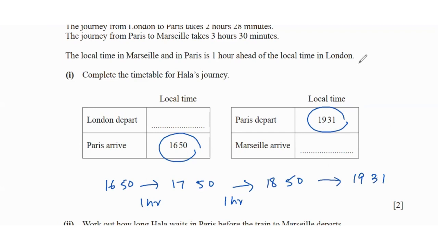So if you find the minutes between 18:50 and 19:31, 10 minutes from 18:50 to 19, then that's going to be 31 more minutes. So that's going to be 2 hours and 41 minutes. 1 hour from this, 1 hour from this, 10 minutes from 18:50 to 19, and from 19 to 19:31 is 31 minutes. So 2 hours and 41 minutes in total.